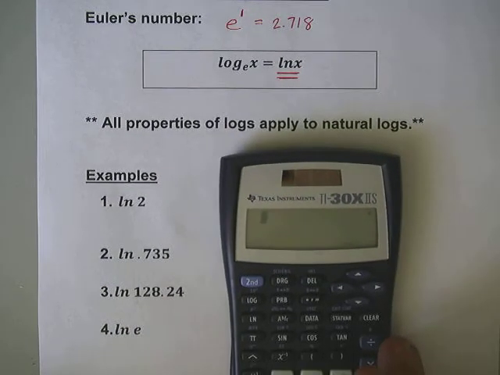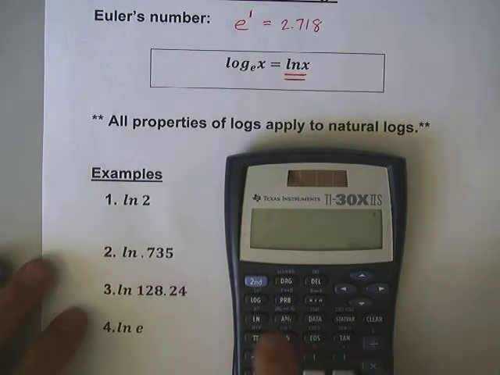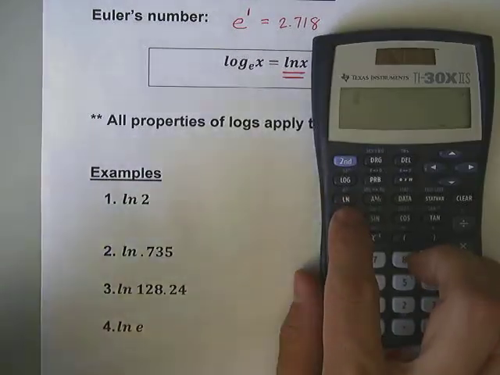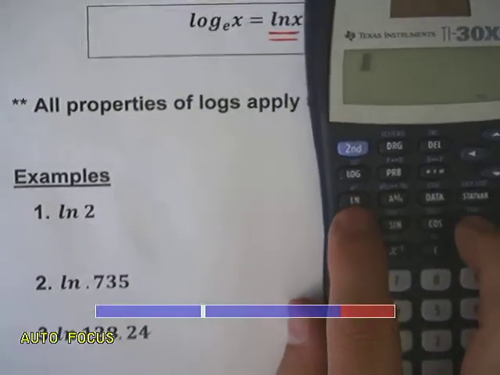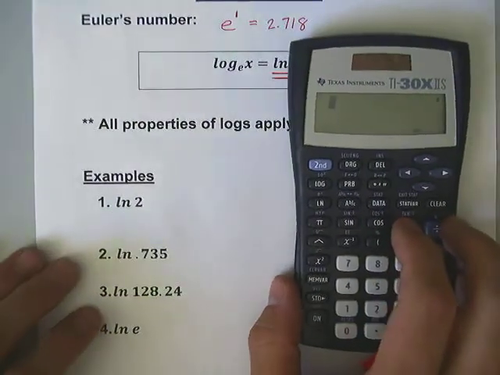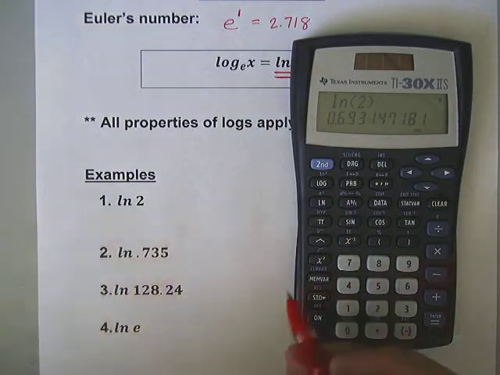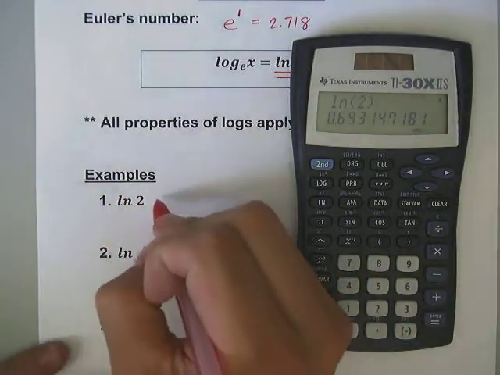Now, what also is fairly nice here is that we are going to use a nice little button on our calculator to help figure these out also. When I talk about the natural log, you say the natural log of 2. Here's my button, ln, right there by the log button.